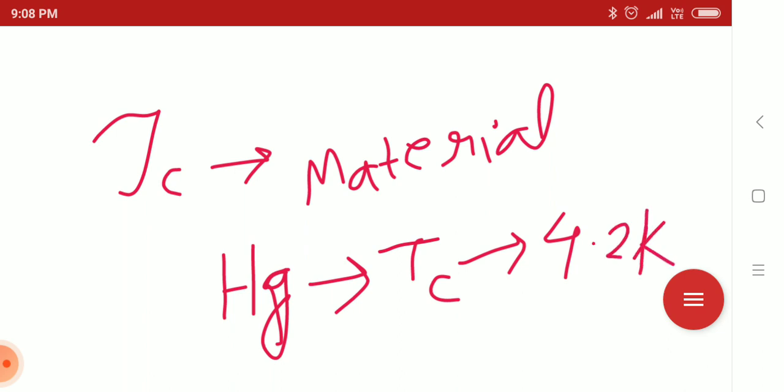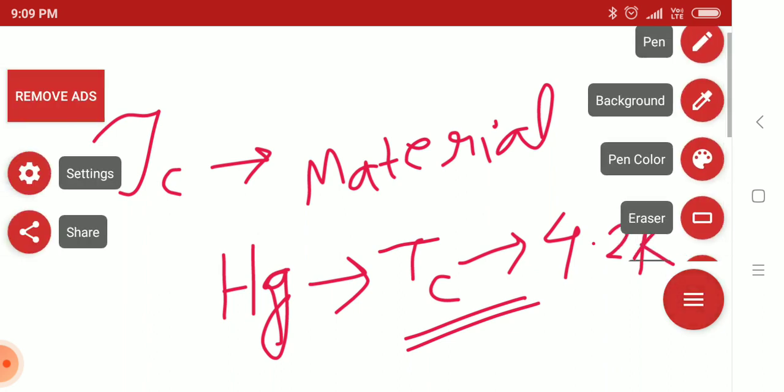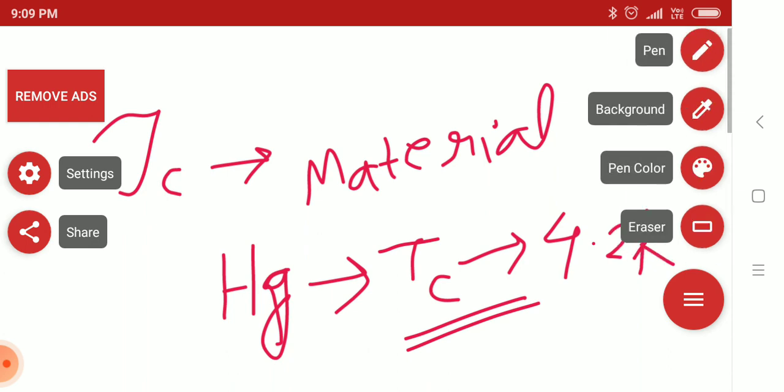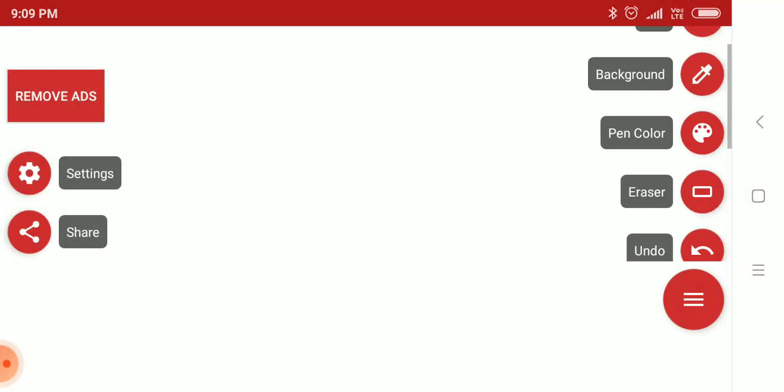But it's not 100% sure that it will remain the same for all materials. It actually depends on the isotopic mass.